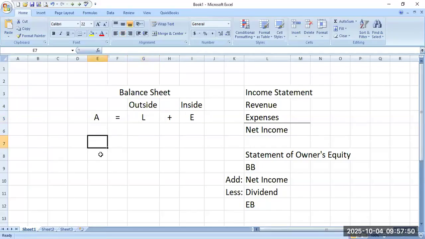That's why usually you can see the equity, it will be equal to what? Based on the basic accounting equation, equity is always going to be equal to assets minus liability. Which one is higher, assets or liability? Assets.